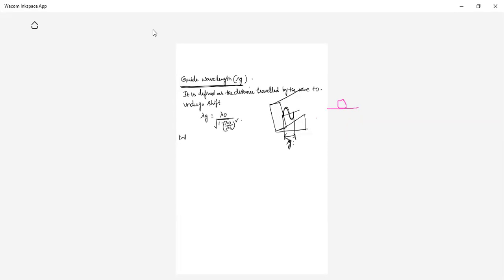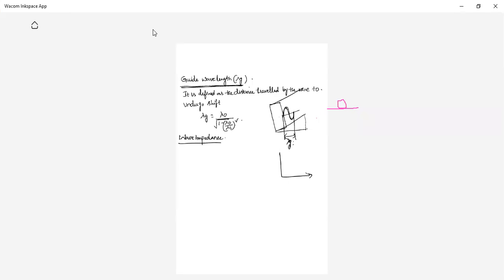Another one is wave impedance. The second parameter is wave impedance. What is wave impedance? It is the ratio of the strength of the electric field vector in one direction to the strength of the magnetic field vector in the transverse direction. You have already studied that.